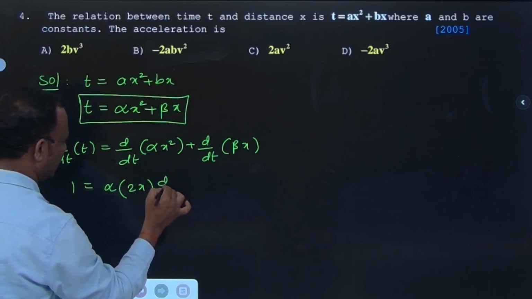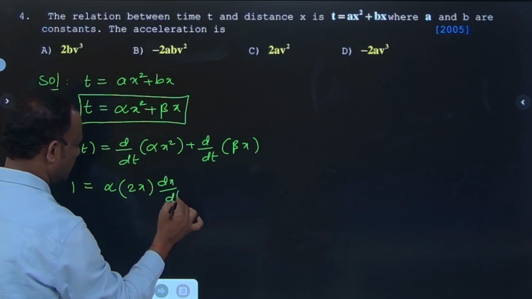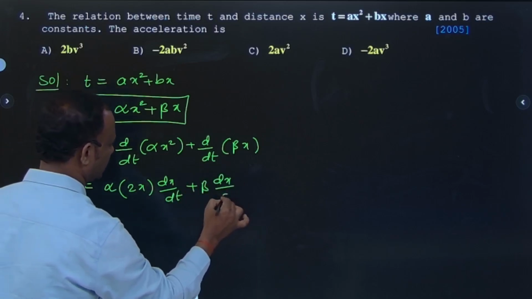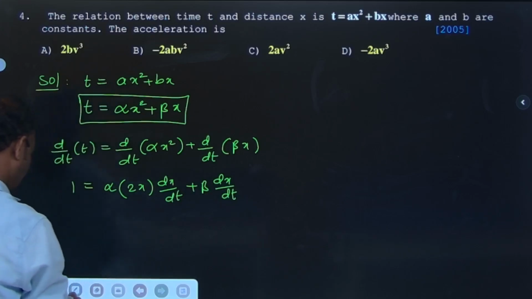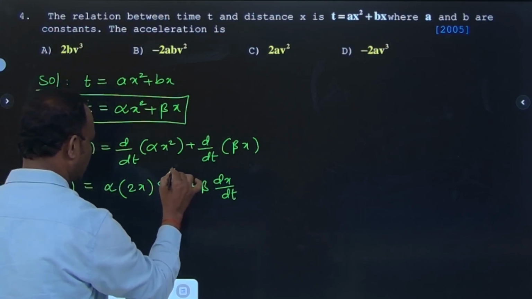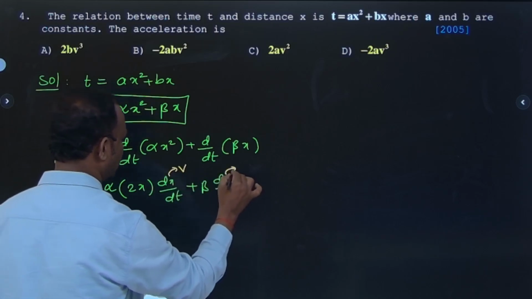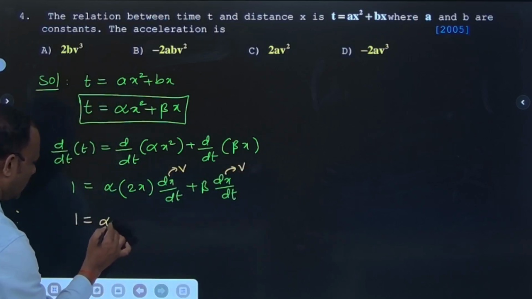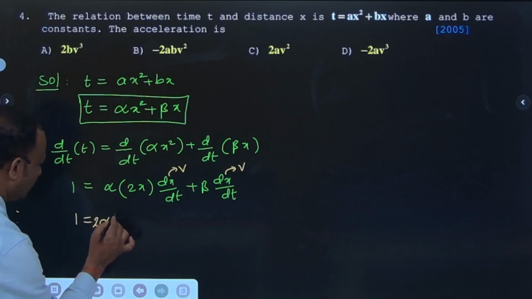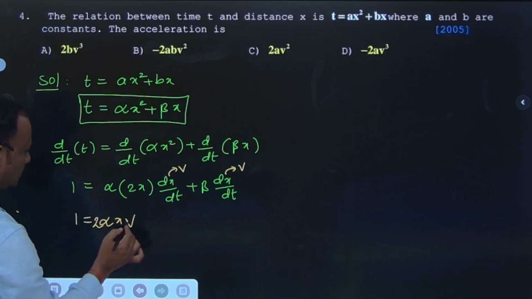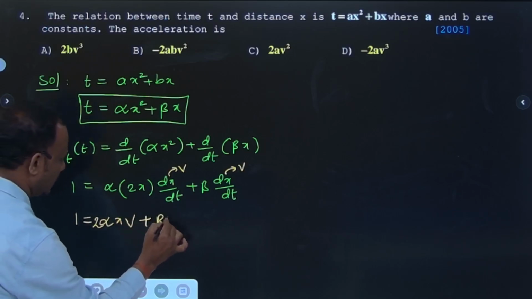It's d x by d t plus beta, again d x by d t. Okay, you know this from here. Dx by dt is what? Velocity. So 1 is equal to 2 alpha x v plus beta v.